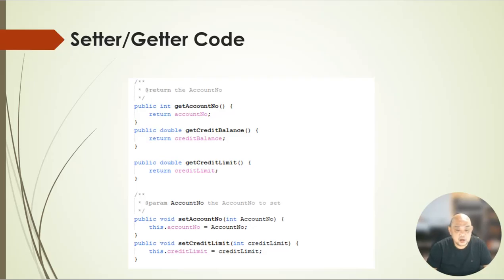Then the getters for the account number, credit balance, and credit limit, and setters for account number and credit limit. These setters and getters are used to get the data to use in the main class.